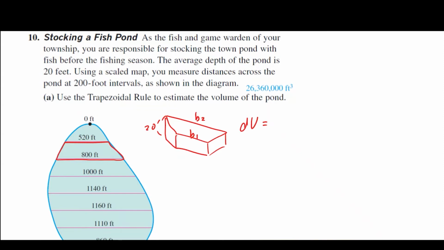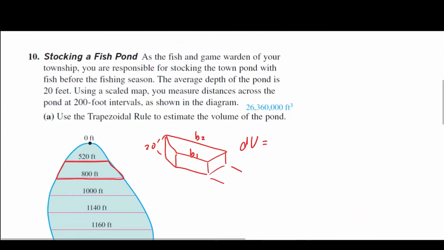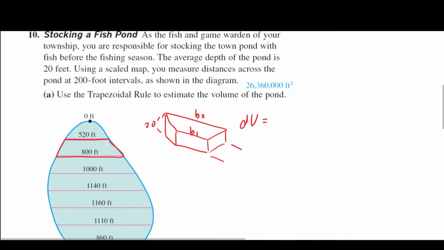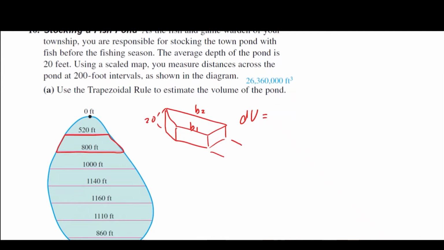And the thickness, let's say, here to here, like that. And that happens to be, how much is it increasing by? Is it uniform at least? How are they cutting this? It's every 200 feet. 200, like that. You know what I'm saying?